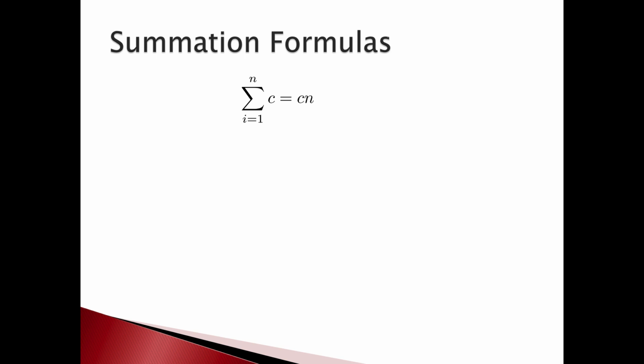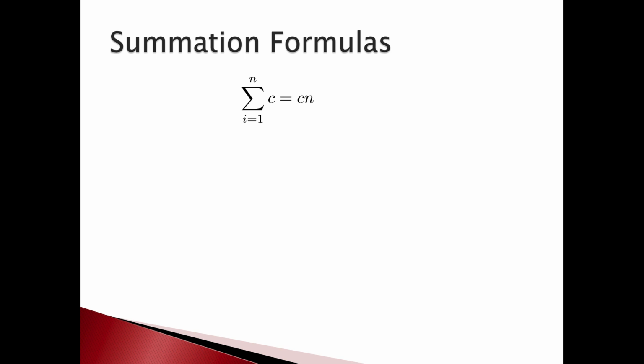And so as I go through and I add up things from 1 to n, I'll just have 5 plus 5 plus 5 plus 5 plus 5. Now think about that. If I go 5 plus 5 plus 5 n times, well, that's sort of the definition of multiplication, right? If I add up 5 n times, that's just 5 times n.